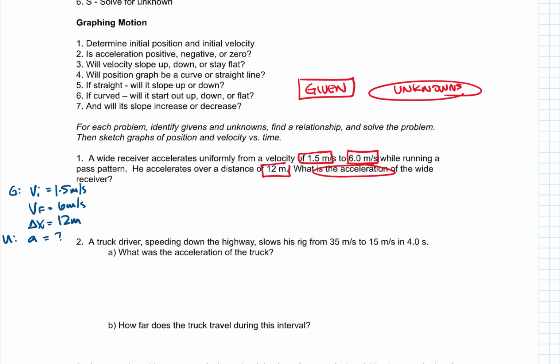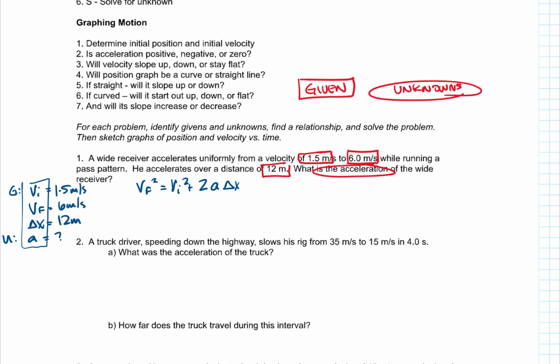So I want to get an equation that has all four of those things in it. So that's initial velocity, final velocity, delta x, and acceleration. Final velocity squared is equal to initial velocity squared plus 2a delta x.